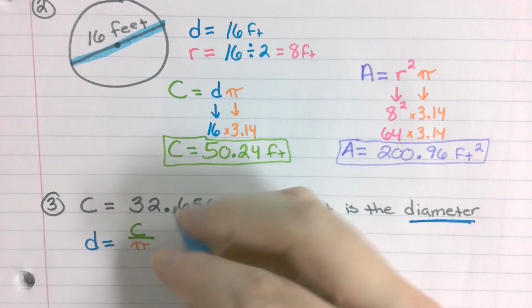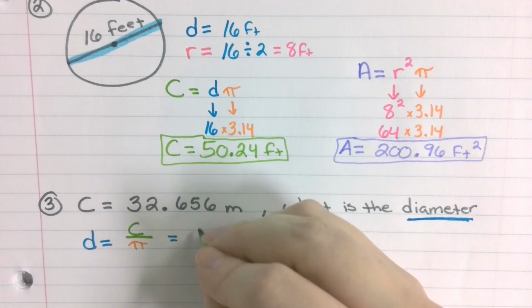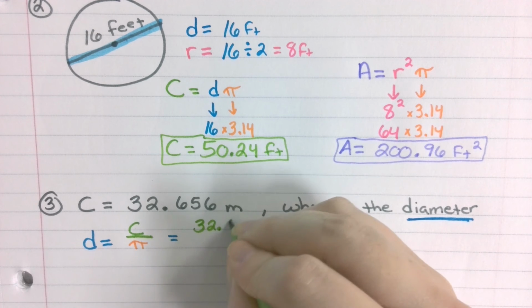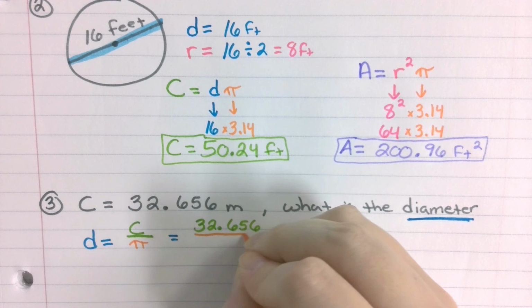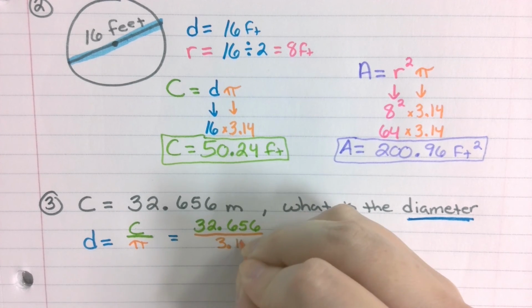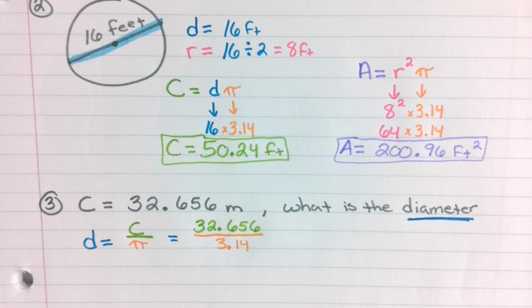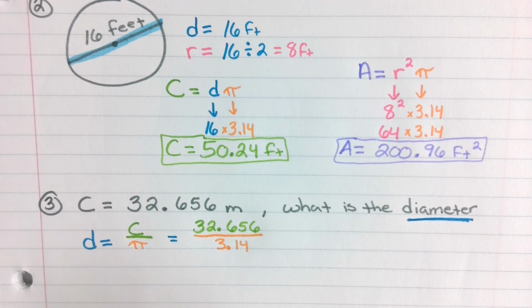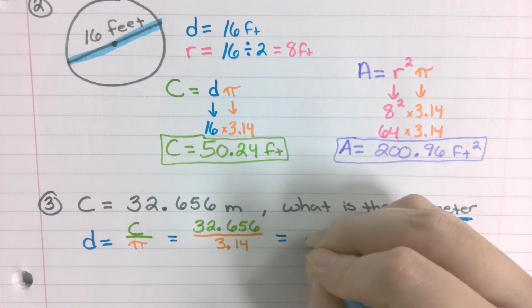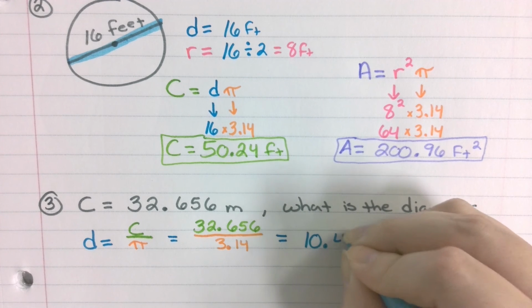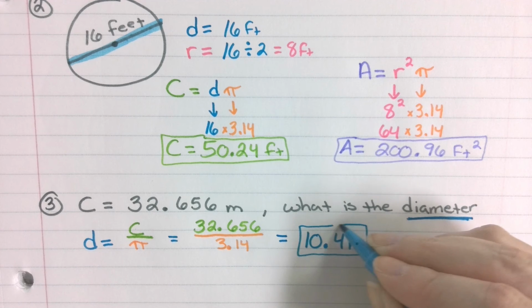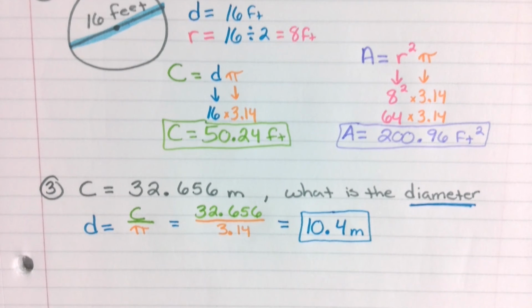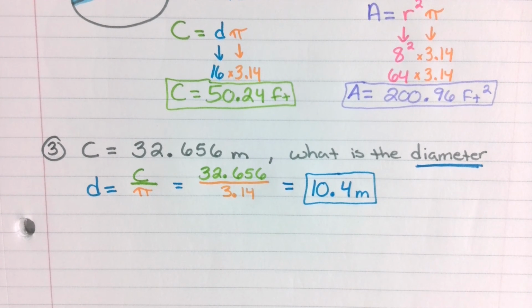So we can take 32.656 and divide it by 3.14, which comes out to 10.4 meters. You're just utilizing those formulas that I gave you on the first page.